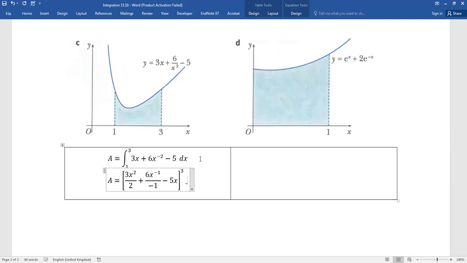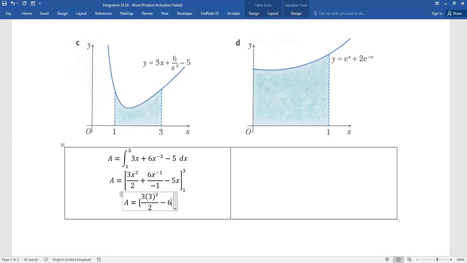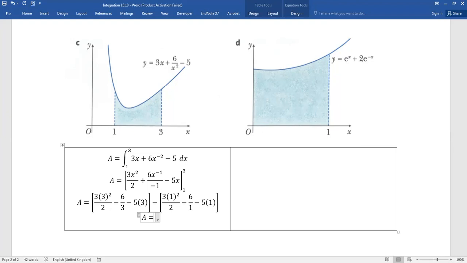The upper limit is 3, the lower limit is 1. So the area will be equal to 3 into 3 square upon 2 minus 6 upon 3 minus 5 into 3. Minus, when I plug in the lower limit, 1 square upon 2 minus 6 upon 1 minus 5 into 1. Is that right? So what is the area that you got?